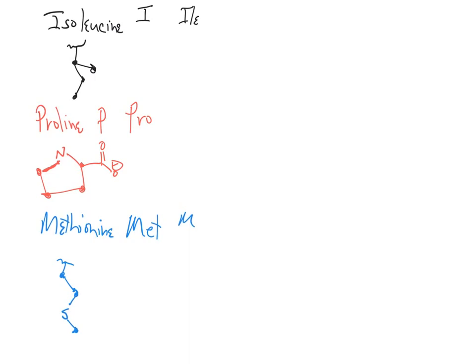Okay. Now we have the aromatics. And the simplest of the aromatics is phenylalanine. Phenylalanine has a three-letter code of PHE. What do you suppose its one-letter code is?